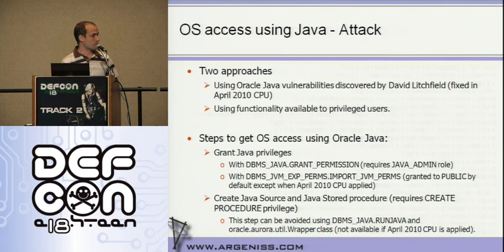One that doesn't require special privileges, and it uses the vulnerabilities discovered by David Litchfield this year, and that are fixed in April 2010 CPU. Or another way to do it is using the functionality that is available to privileged users, the privileged users that Database Vault is supposed to protect from.